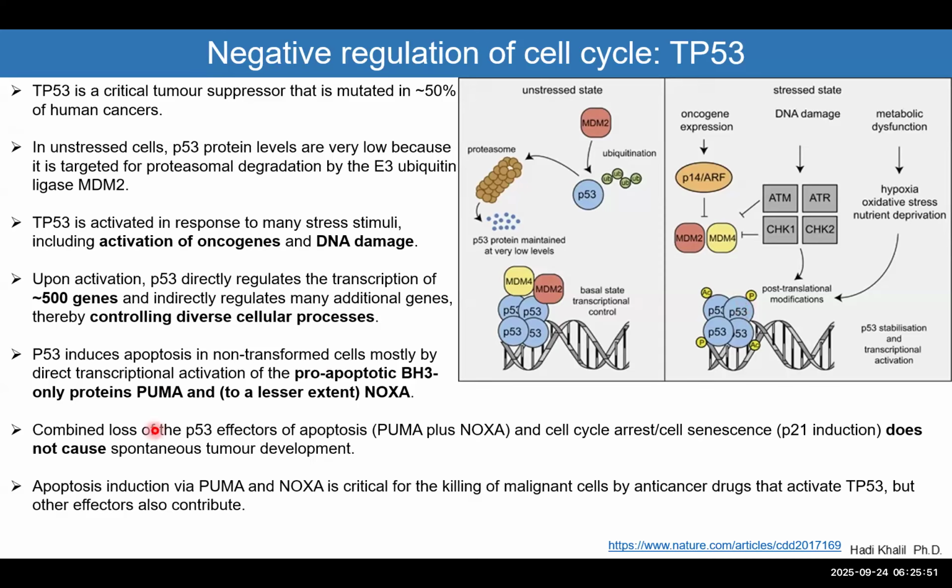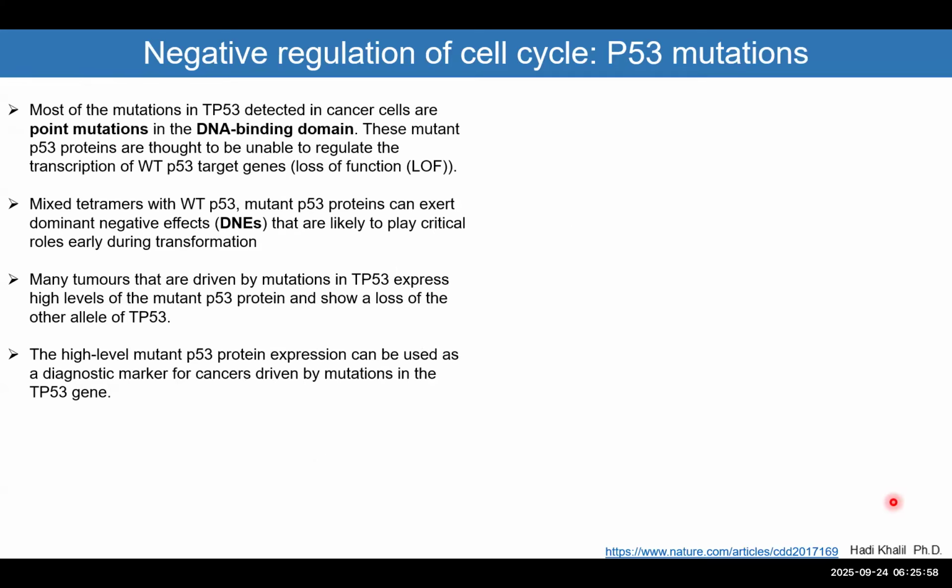And therefore, the downstream targets, Puma, Noxa, p21, cannot be generated. So this is a very easy explanation of a point mutation in p53 that causes p53 to be unable to bind to the DNA and therefore unable to execute the transcriptional regulation.